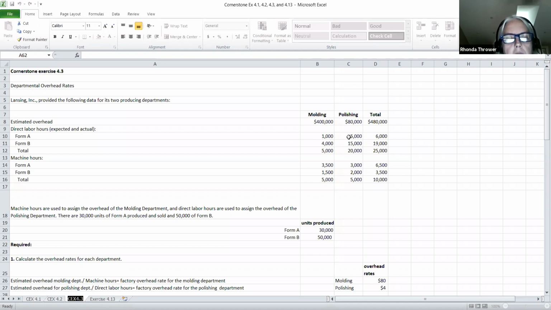There were 5,000 direct labor hours in the polishing department for Form A. The total direct labor hours for both departments is 6,000 for Form A. For Form B, we have 4,000 direct labor hours in the molding department.